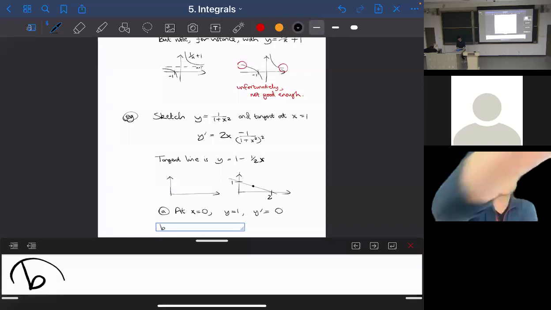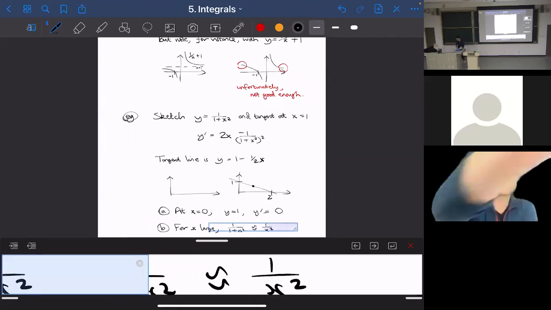And B, for x large, 1 over 1 plus x squared is approximately 1 over x squared. So the 1 plus doesn't make much difference.